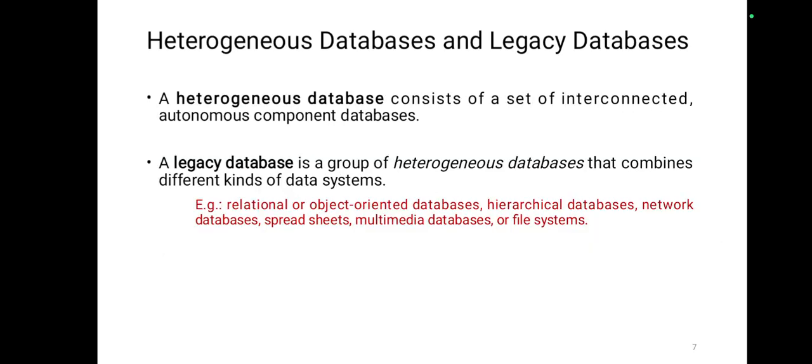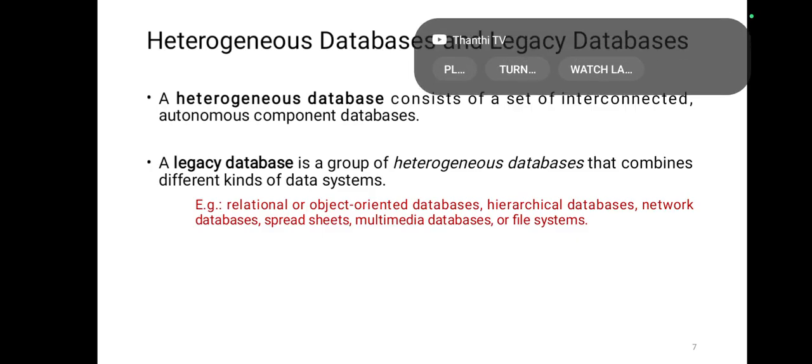Next I'm going to explain heterogeneous databases and legacy databases. In many organizations, data is not stored in just one database. Large companies often use multiple database systems developed over many years. A heterogeneous database combines different databases that can communicate with each other.